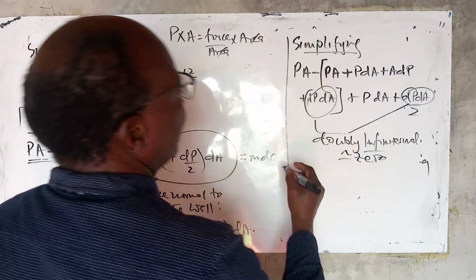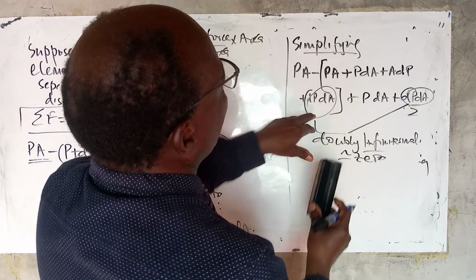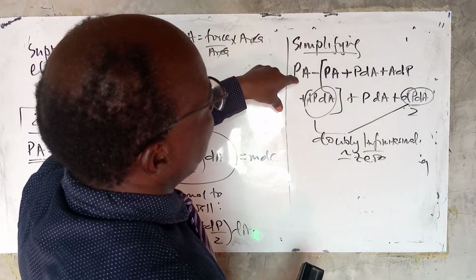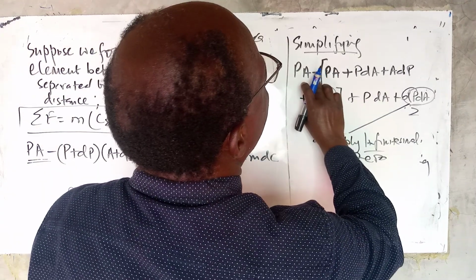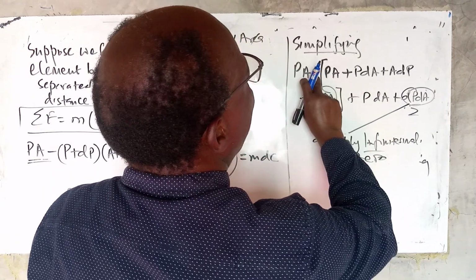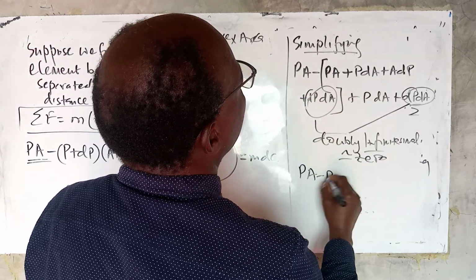So think of it in that manner, as a mnemonic for you to remember things. And so we have PA, so those have vanished. This PA will cancel with that PA. And we'll also have minus, because remember we have PA, let's just write it so that you don't get confused.